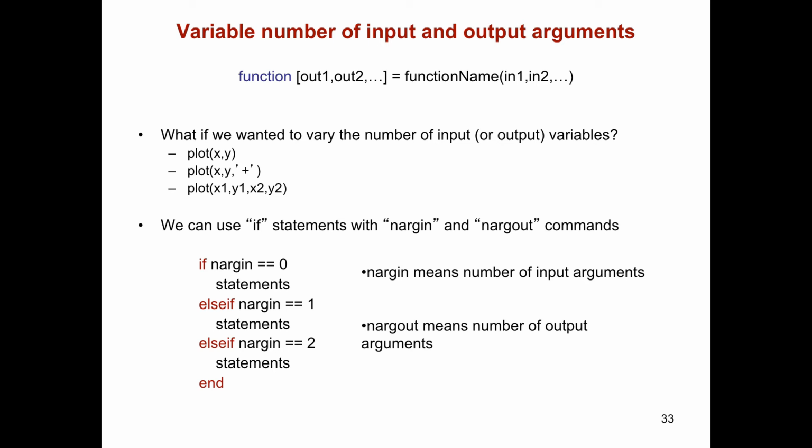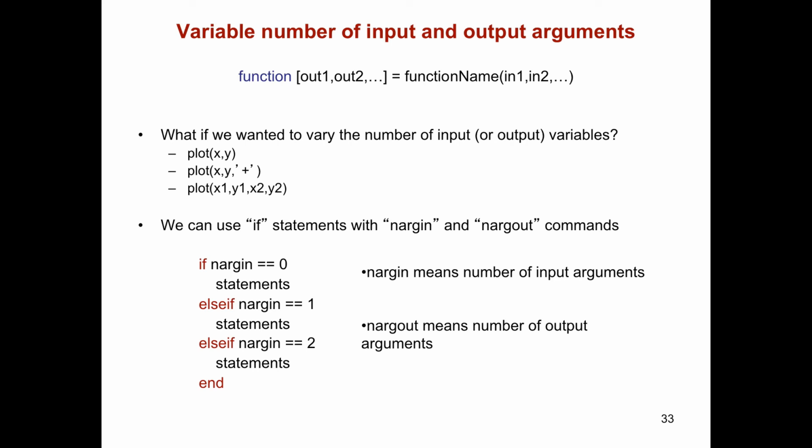So there's a reserved name, nargin, which is short for number of arguments input, n_arg_in. Of course, there's also a variable called nargout, n_arg_out. So if number of arguments is 0, do something.